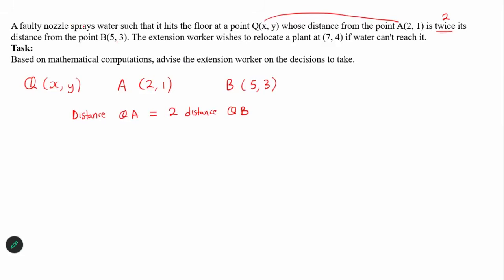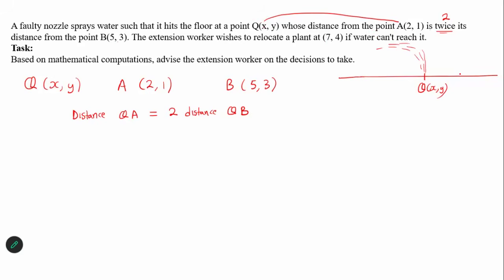I repeat, a faulty nozzle sprays water such that it hits the floor at a point Q. It's like you have a floor. This is the floor. And now this water is coming, something faulty. This is where point Q is, which is (x, y).